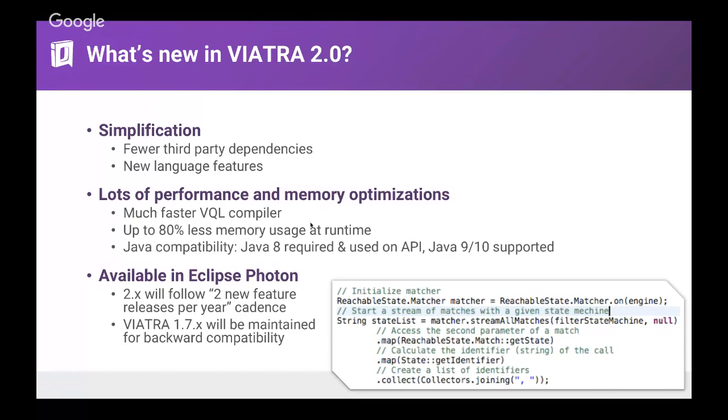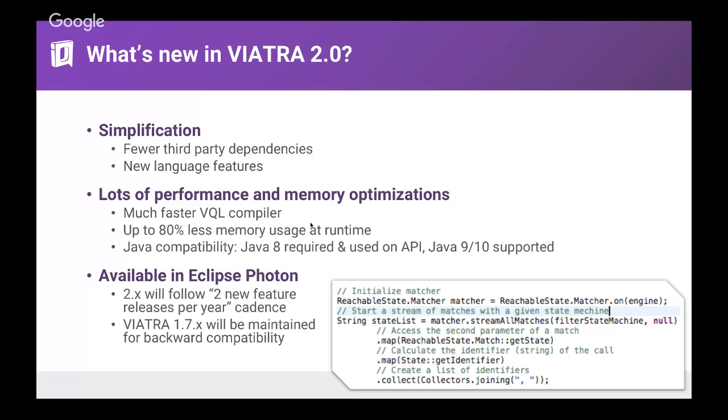Essentially, in terms of simplification, we reduced the third-party dependencies, especially on libraries like Guava, even further to make it even easier to integrate this technology. And we also introduced a couple of new language features in the query language in order to make usability improvements and make it easier to use.